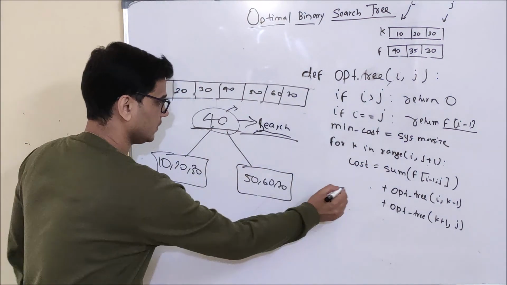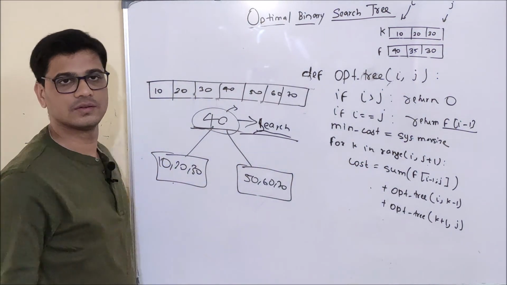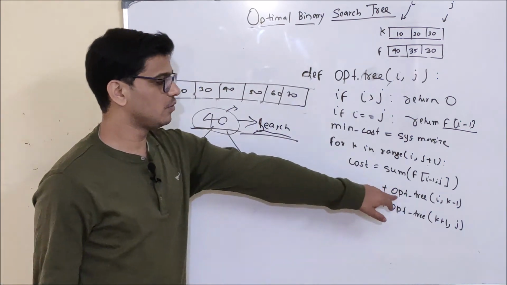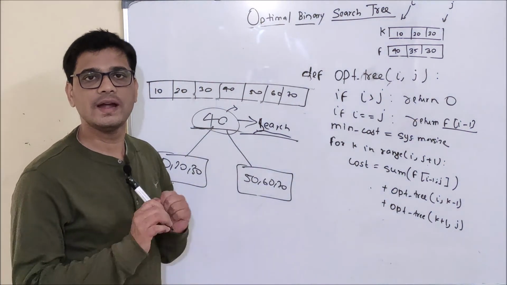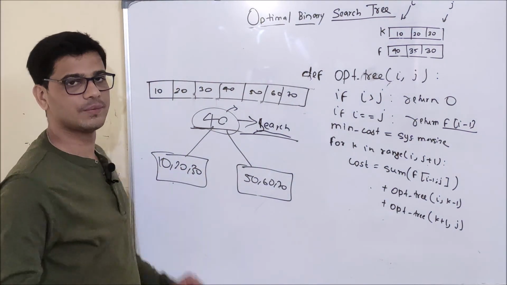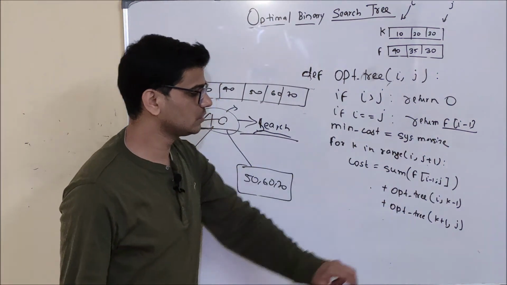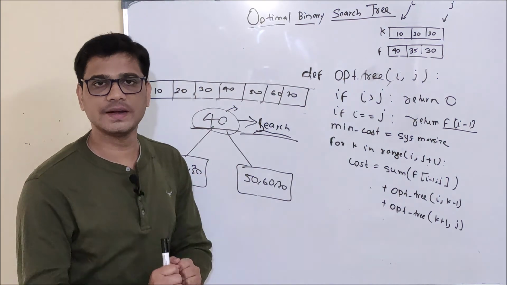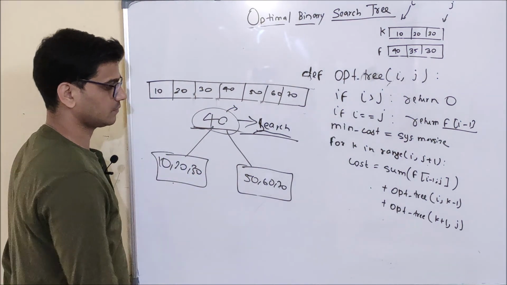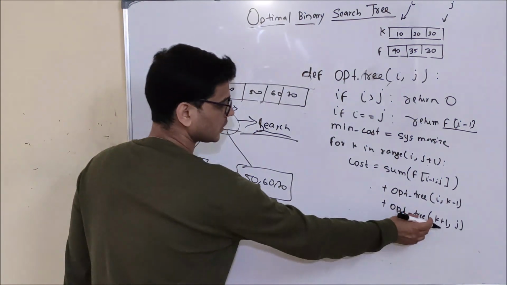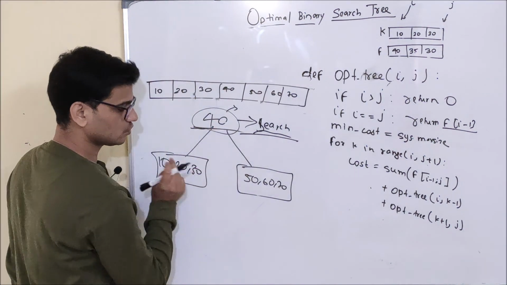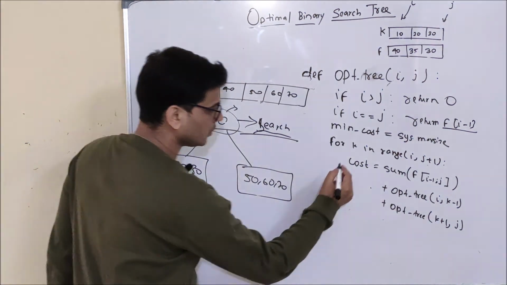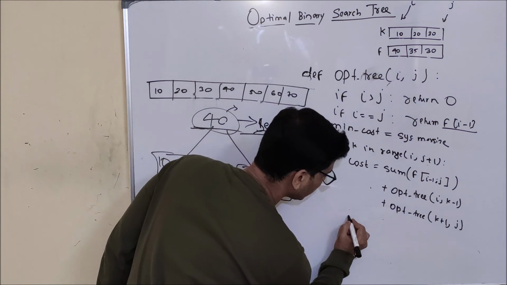Now let's see what opt tree i, k minus 1 is. This is basically the left subtree. That is, I will make this function call to find the optimal cost for the left subtree, and this function call to calculate the optimal cost for the right subtree. This one is k, so k plus 1. This one is k, so k minus 1. Now once I have the cost, what will I do?